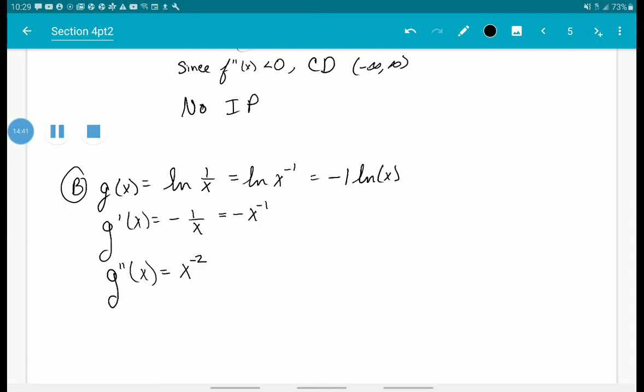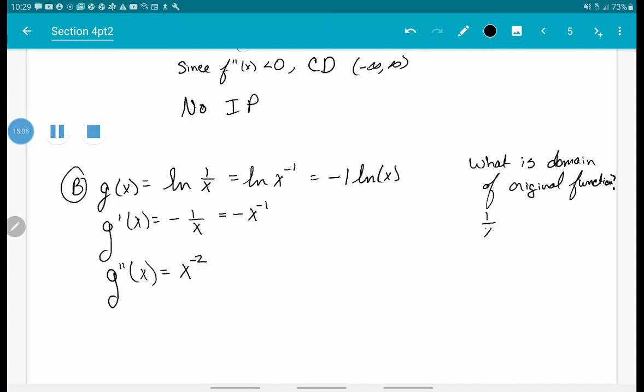So before we think about concavity for this problem, we really need to think about what is the domain of the original function. Well, we know there are some limitations with the ln.